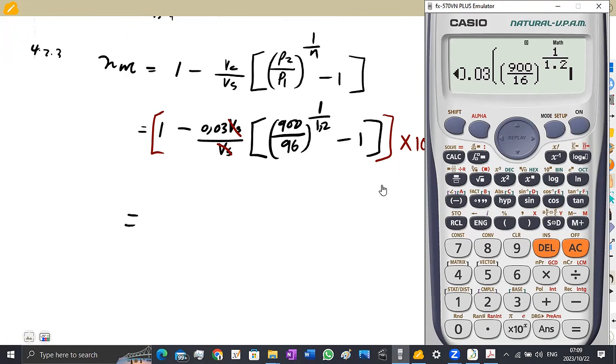Then after that, we subtract a 1. We close that bracket, the bracket of 900 over 96, then we close the first, bigger bracket. This is going to give us a decimal in this case.